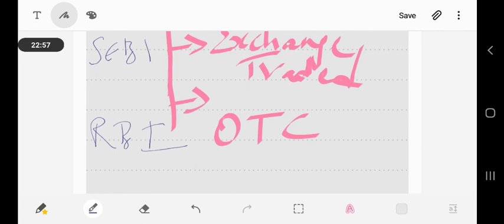And the next one is commodities futures market.